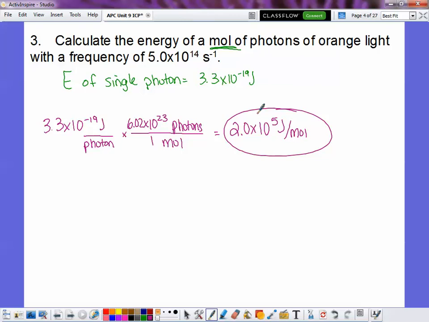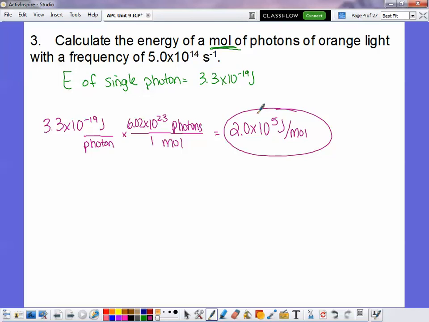So 2.0 times 10 to the 5th joules per mole. I don't think the calculator gives it to you in scientific notation. I think it's like 196 something, something, something. But 2.0 times 10 to the 5th joules per mole. Cool? We good there?